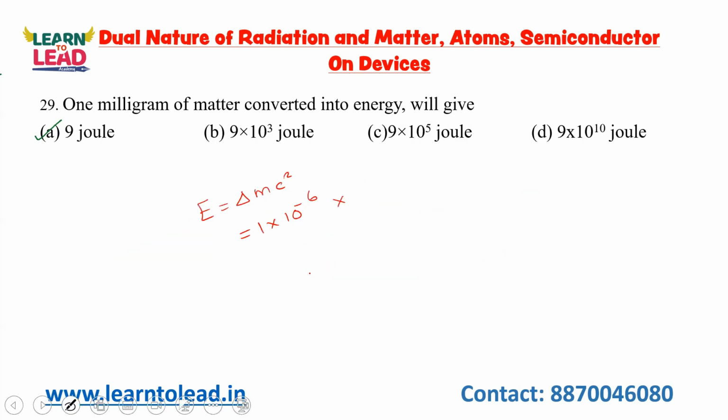What is the value of C square? 9 into 10 to the power 16. So you'll get 9 into 10 to the power 10 joules.